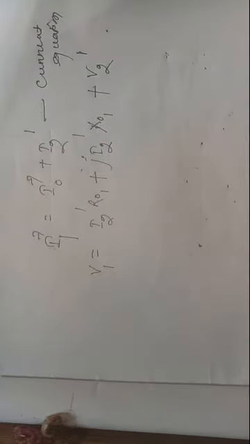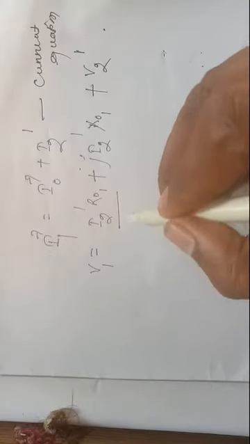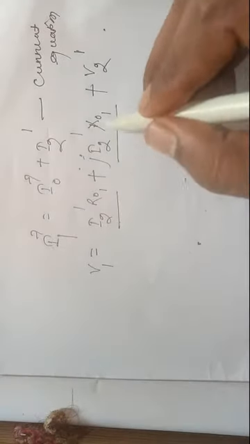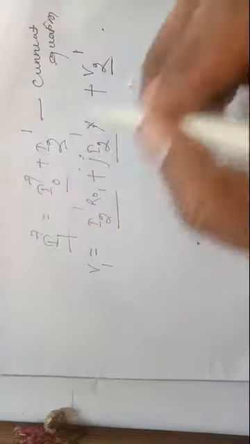These are the voltage drop I2 dash R01 and the voltage drop due to X01. This is voltage and this one is the current.